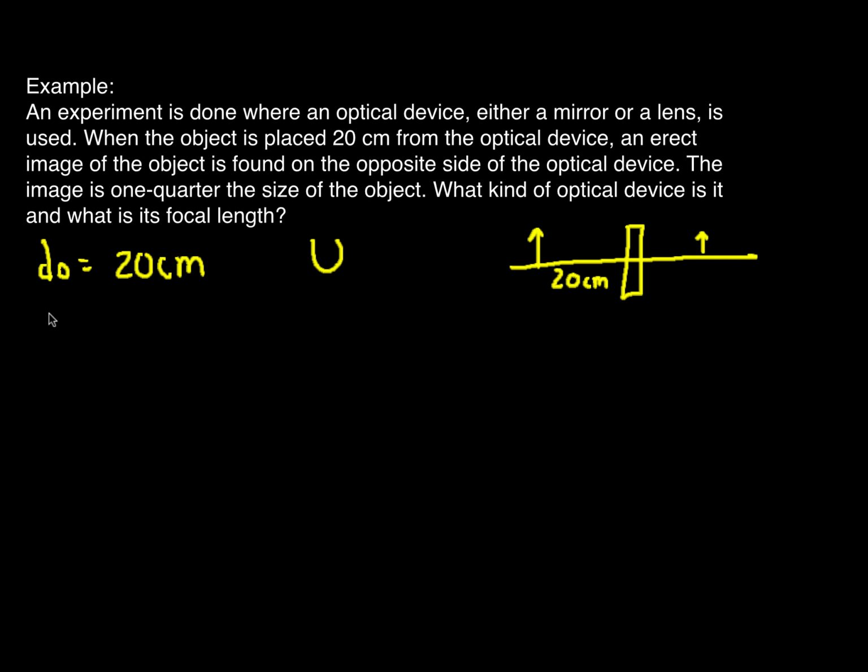The image is 1/4 the size of the object. This means the magnification is equal to 1/4, positive because it's upright. Because the magnification is less than 1, we know that it's a smaller image. The only time a smaller upright image is formed is when you have a smaller upright virtual image from a diverging optical device.